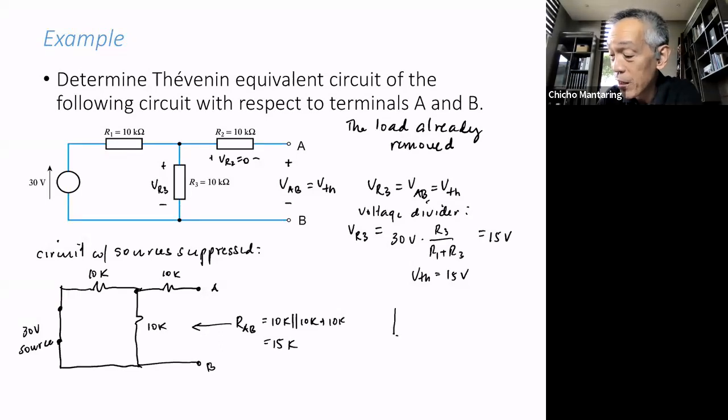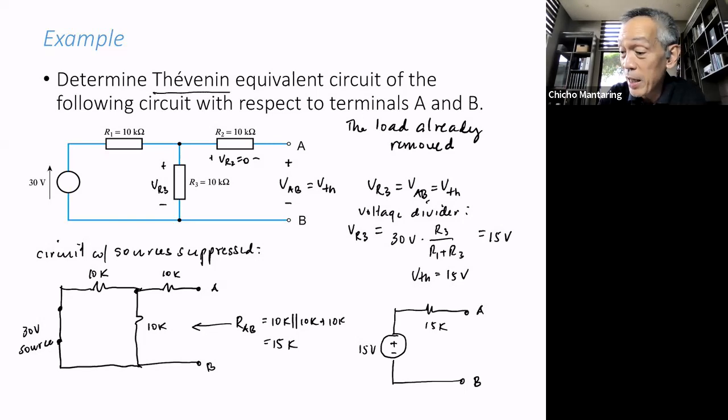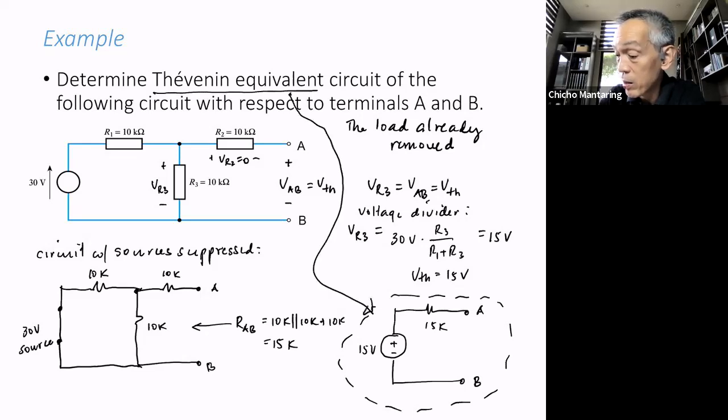I just have 15 volts in series with 15K. This is A and this is B. This is my Thevenin equivalent now. So in other words, with respect to A and B, whether I put this circuit or whether I put this circuit, yung kinakabitan ko hindi malalaman what the difference between the two are.